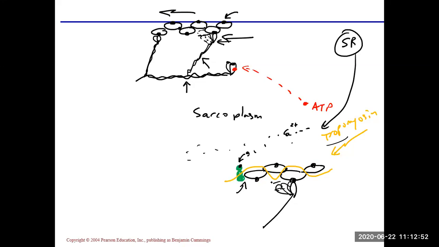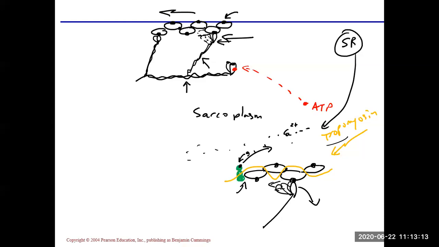It can move and tilt the neck. Now, if you remove this calcium, the same thing is going to happen in reverse. The tropomyosin is going to cover the binding site, this head is going to go back down, and the tropomyosin is going to go back to its original position.